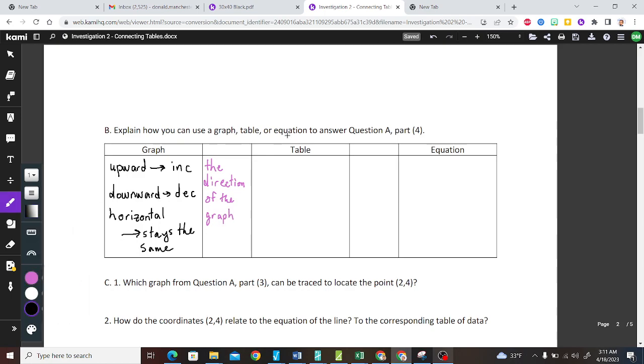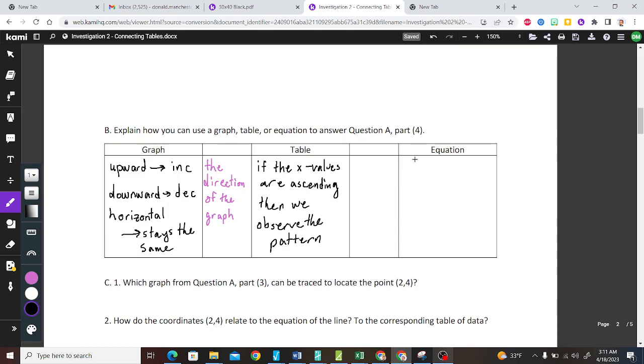Now, at the table, if the x values are ascending, then we observe the pattern. So all we had to do was actually just look at the numbers and say, hey, they keep ascending, descending, or they stay the same.